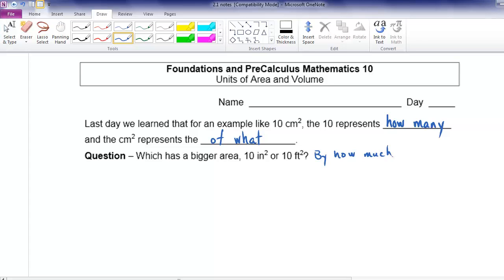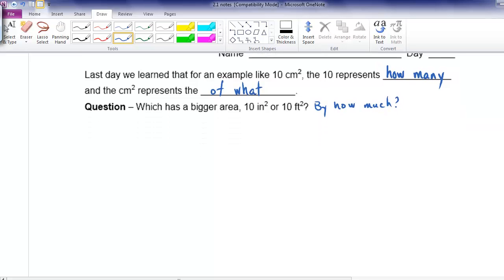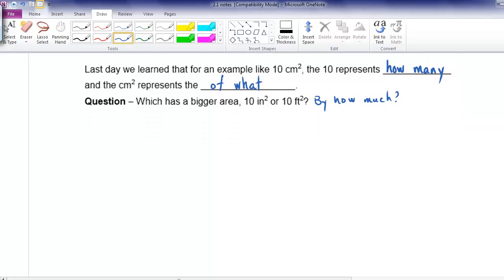Now when you're comparing things, we want to compare like units. We want to either change the inches to feet or the feet to inches. And in this question, I think it's better to change the feet to inches. If we change the inches to feet, we're going to end up with decimals, and that's not going to be very nice. So when we compare things, we want to compare things that are the same.